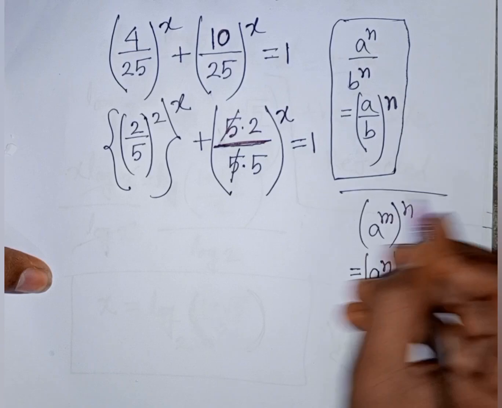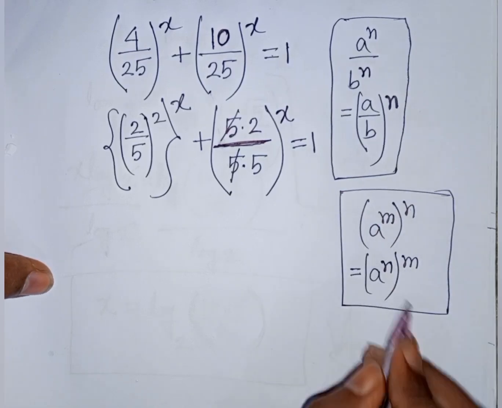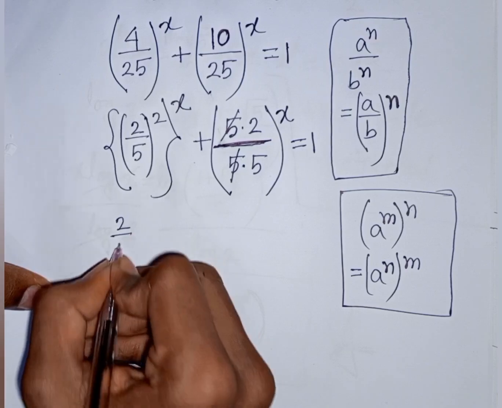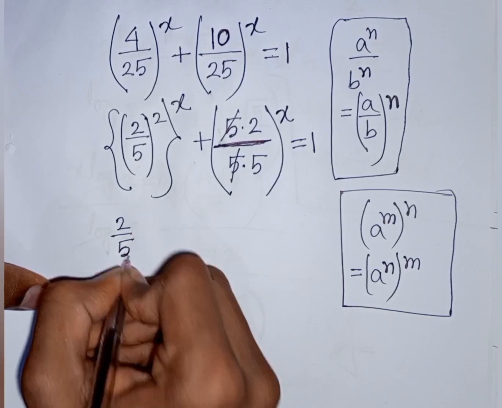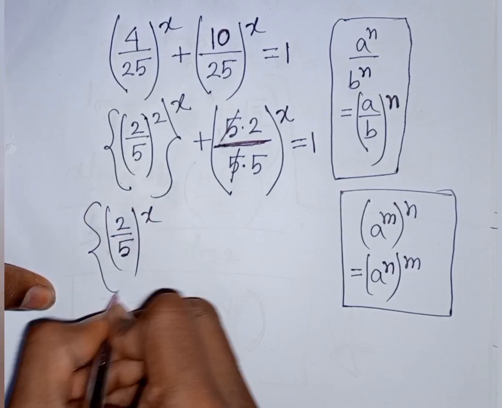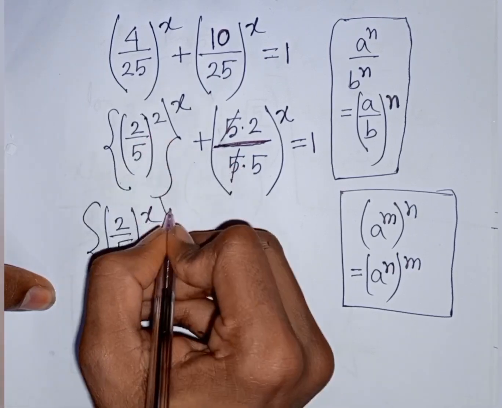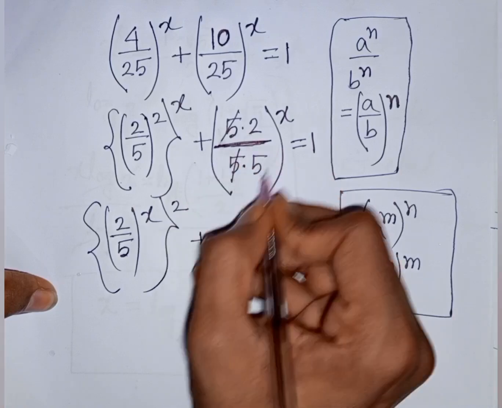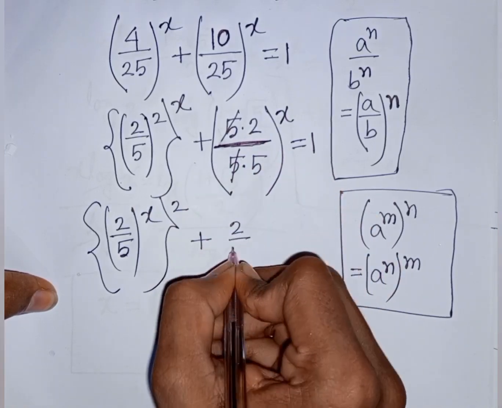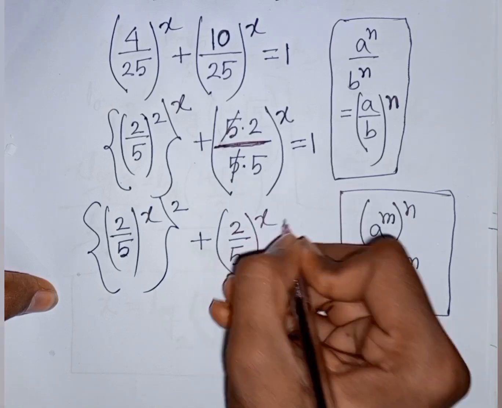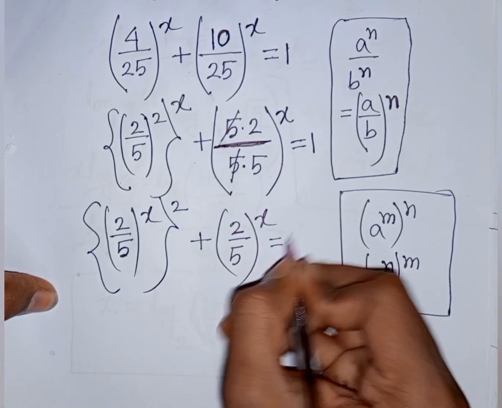So according to this rule I can write here 2 by 5 bracket power x, then second bracket power of 2 plus 2 over 5, then bracket power of x is equal to 1.